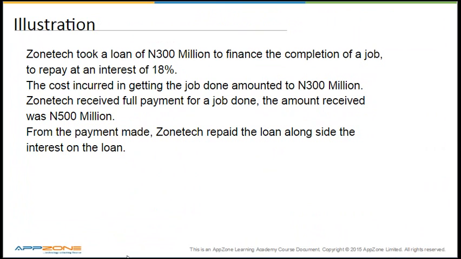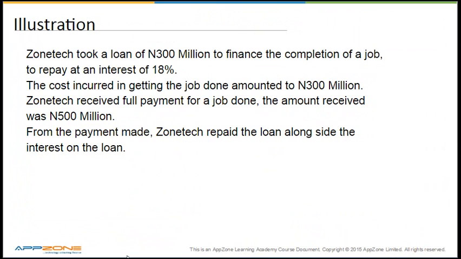The loan is to be repaid at an interest of 18%. The cost incurred in getting the job done amounted to 300 million naira. ZoneTech received full payment for the job done. The amount received was 500 million naira. From the payment made, ZoneTech was able to repay their loan as well as the interest.